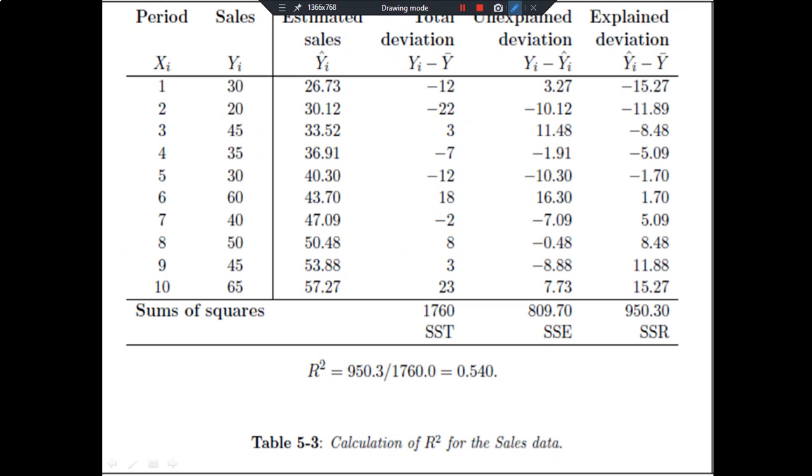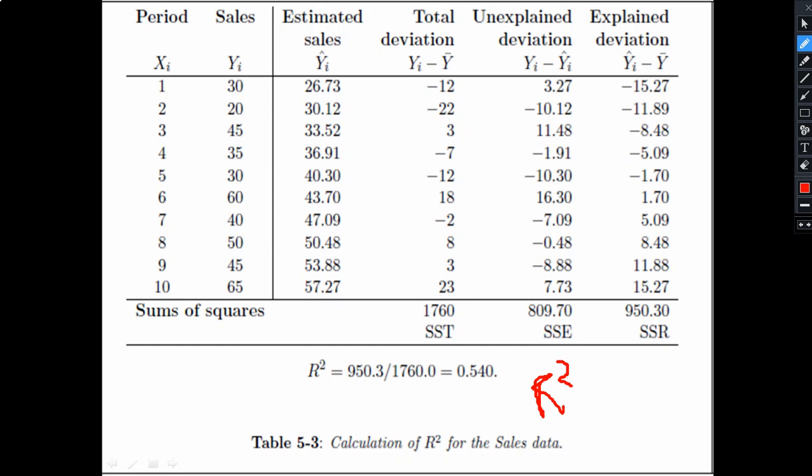We know that SST is the total deviation, SSE is the unexplained deviation, which is the summation of yi minus y hat squared.